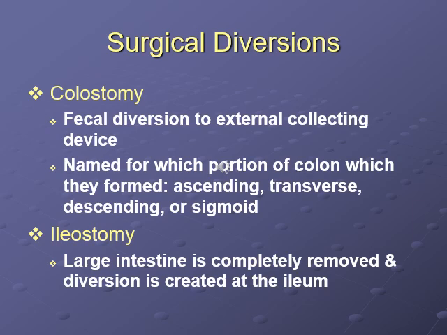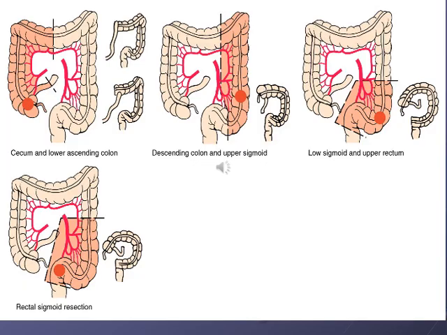So that's really, really important to know your patient's individual ostomy, like what you're expecting for their stool consistency to be, and that really does depend on which portion of the colon was removed and where that stoma was placed. So this picture just shows which sections of the bowel would be removed.